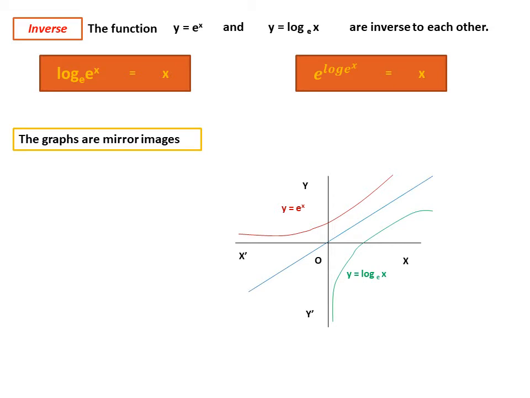If you draw y equal to x, the two functions are exactly mirror images about y equal to x; they are reflections. That is, y equal to e power x is the reflection of y equal to log x to the base e and vice versa. So this is the important result.